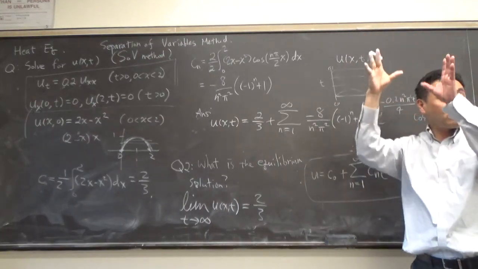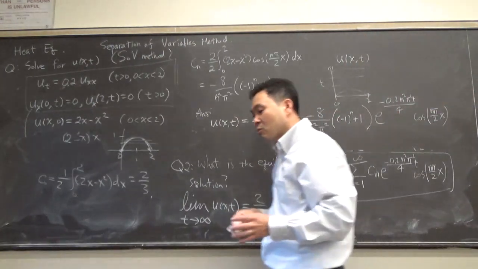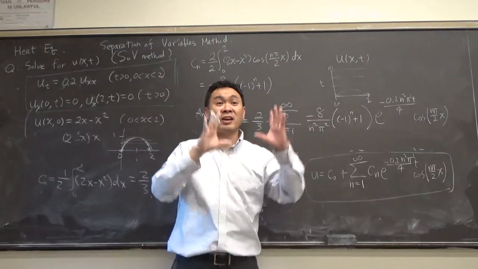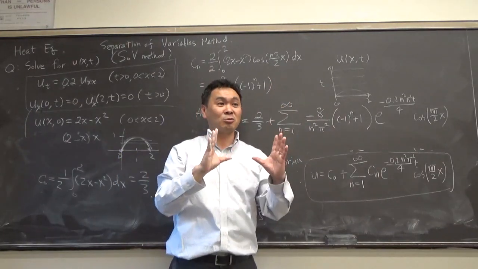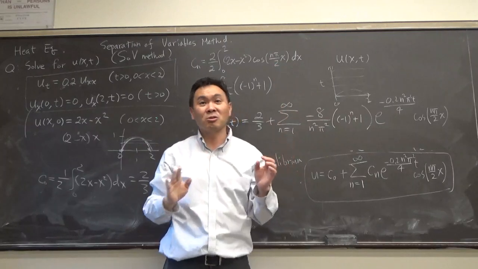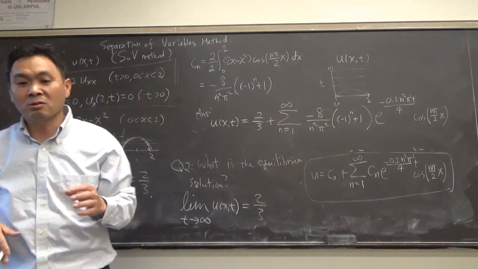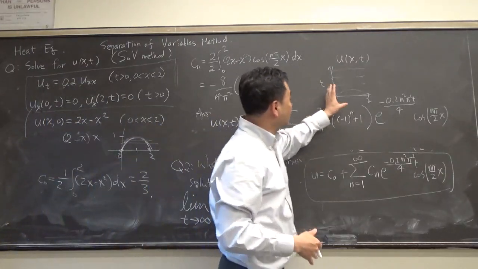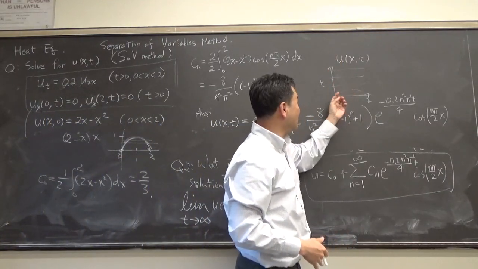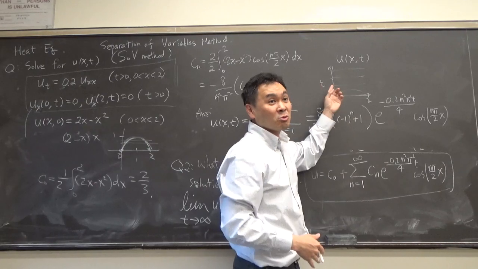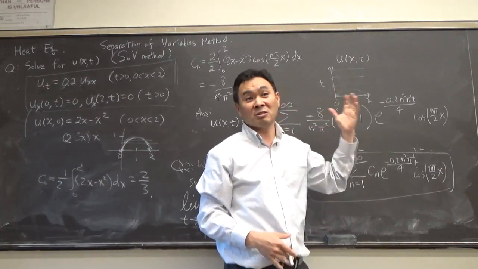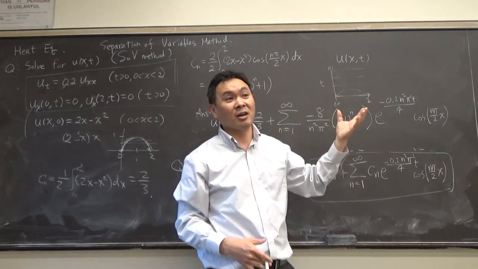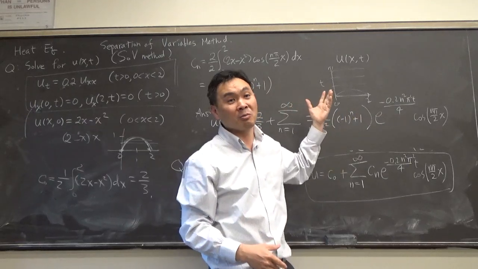It's a two-dimensional thing. And he realized that this domain looks rectangular. So the motivation for separation of variables is that, since it's a rectangular domain, maybe you could come up with solutions that look like a function of x only times a function of t only. That's where the intuition came from.